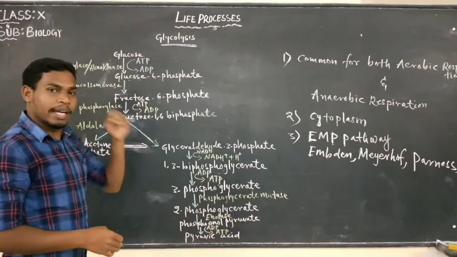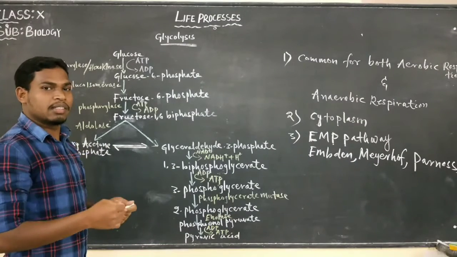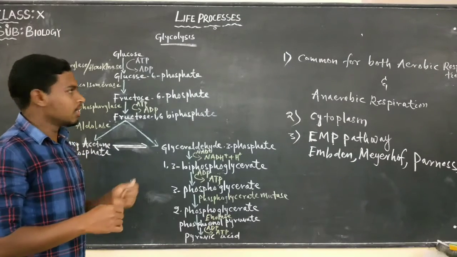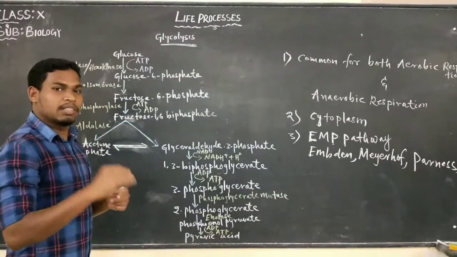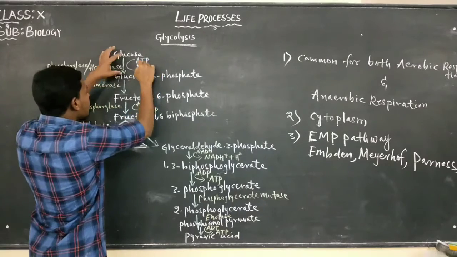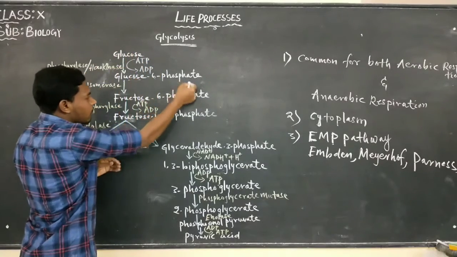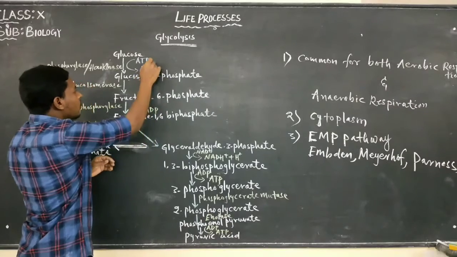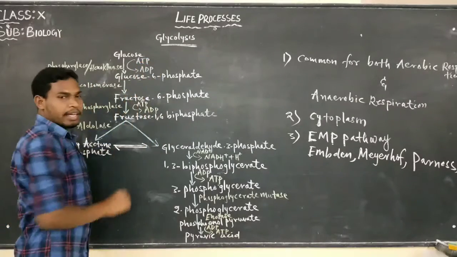In one phase ATP gets used up, and in the next phase ATP is given back. Here ATP is used up, so when glucose converts into glucose 6-phosphate, one molecule of ATP becomes ADP.